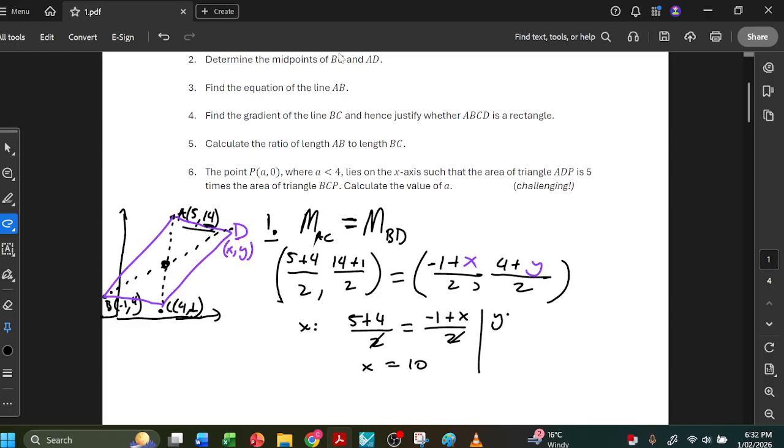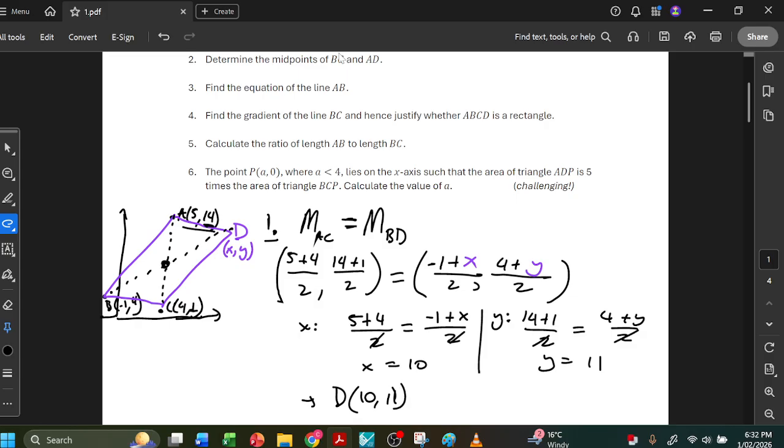Similarly, if we were to solve for the y-coordinates by looking at the y-coordinates of these 2 midpoints, we're going to see that (14 + 1)/2 is equal to (4 + y)/2. Multiply both sides by 2 and then subtract 4 from both sides. That's 15 minus 4, which is equal to 11. Okay, so therefore we can conclude that the coordinates of D must be (10, 11).